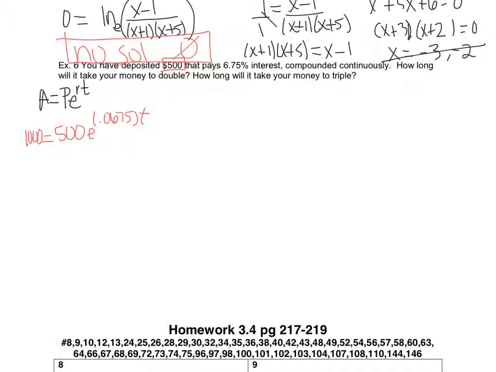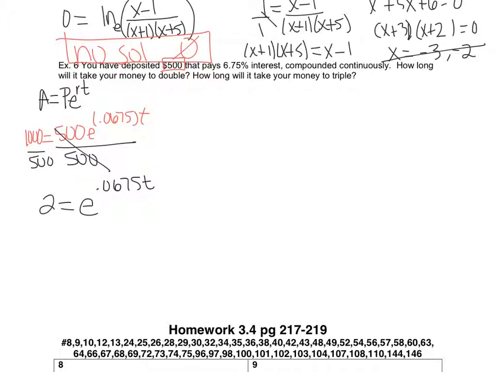So the first thing you want to do is isolate the exponential. I'm going to divide out 500. That's going to leave me with 2 equals e to the 0.0675t.